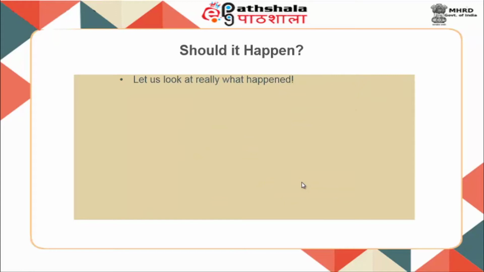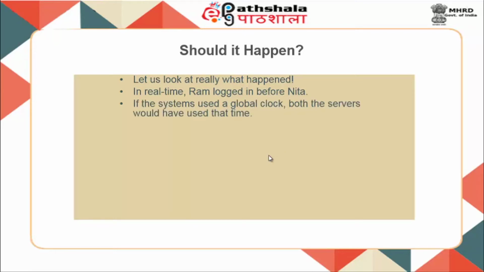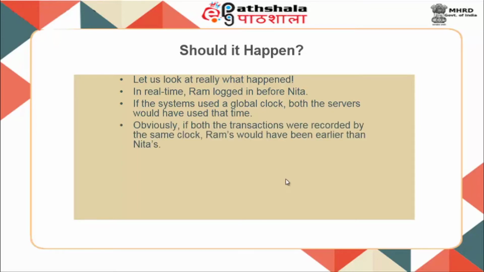So, let us look at what actually must have happened. In real time, Ram had logged in before Nita. Therefore, Ram should have got the tickets, and he actually got the tickets. But the systems are not following a global clock. According to the global real time, Ram had logged in before Nita and therefore got the tickets, but the systems are following their own clocks.